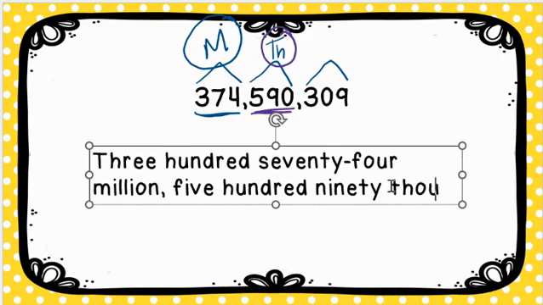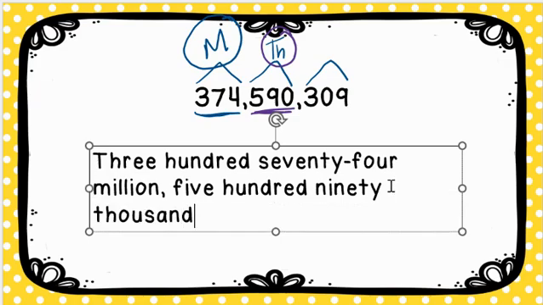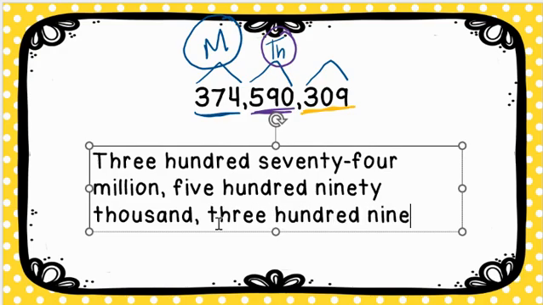That's 1,000. Then we can put our comma. And let's chunk and read the last part. What does this section say? 309. So that's what we're going to write. It is as easy as that.